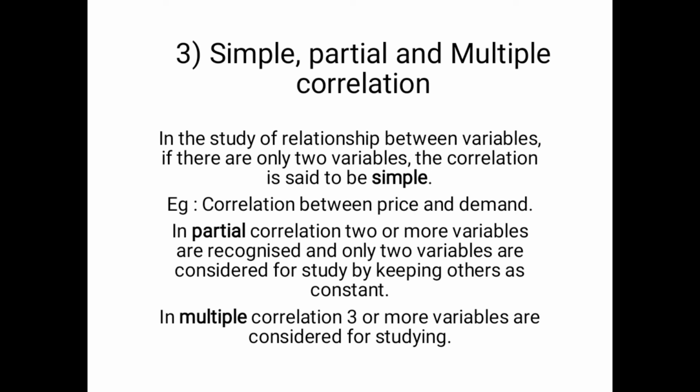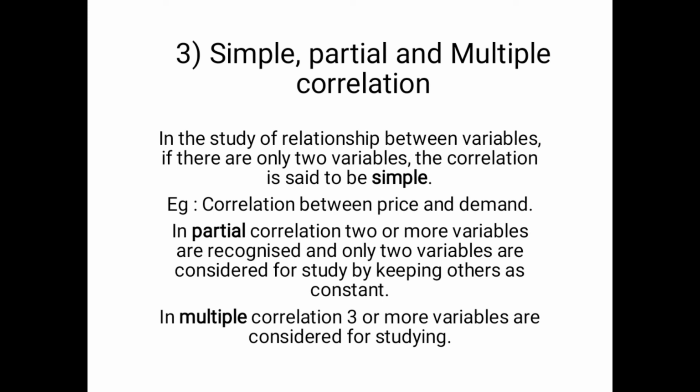Then what is partial correlation? Here two or more variables are recognized, but only two variables are considered for the study, keeping other variables as constant. So in partial correlation, we study the relationship of one variable with one of the other variables, assuming that other variables remain constant.